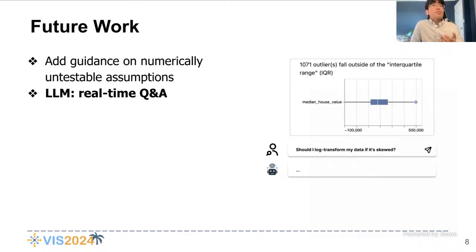Maybe future work can try to add guidance on them by incorporating domain experts' knowledge, or incorporating more consideration of the methodology or experiment method. And also, with the prevalence of LLMs, maybe we can try to include an LLM in our tools to support real-time Q&A for explanations, or just alerting on assumption violations as a new form of code-UI integration, and we're really excited about it.